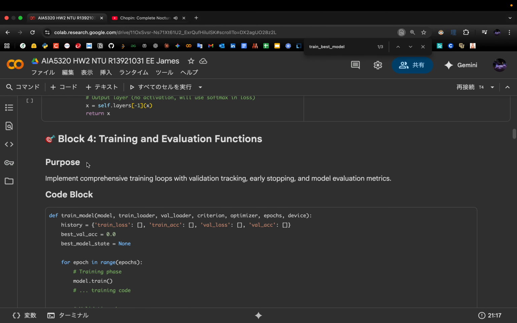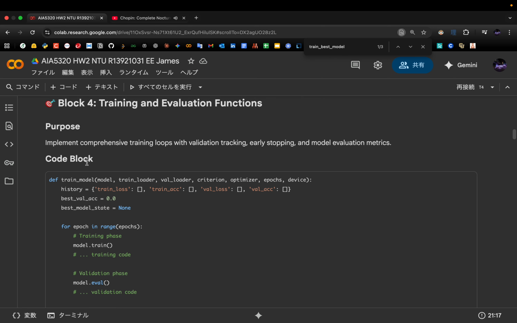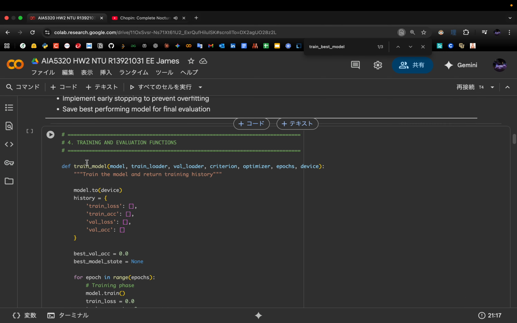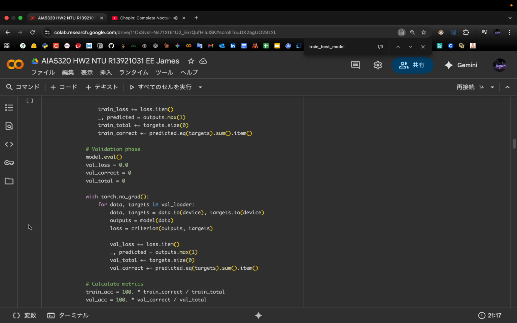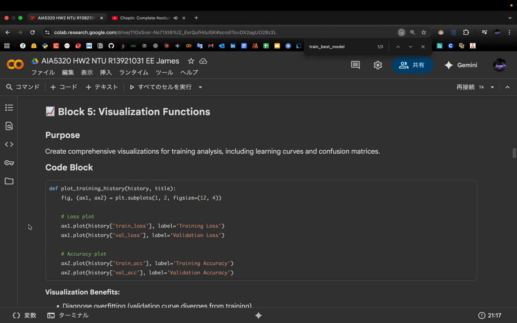We also plot the training process, recording the training loss, validation loss, and accuracies. The loss and accuracy on the training and validation datasets. Okay, this is the code.